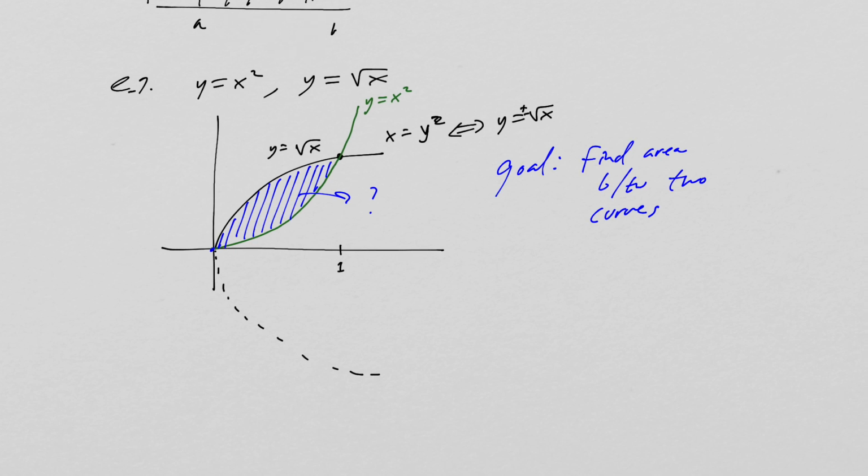That area turns out to be pretty straightforward to do. What we really do is find the area under this curve. We can talk about that as the area from 0 to 1 of square root of x dx. Then we also find the area under y equals x squared.